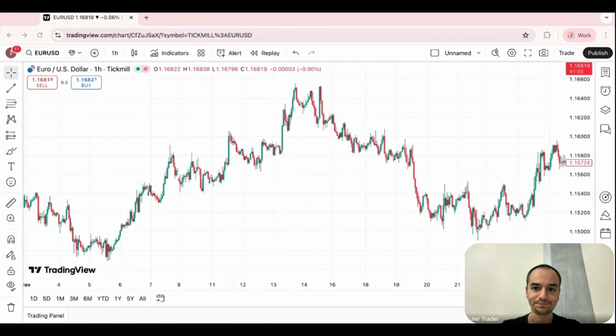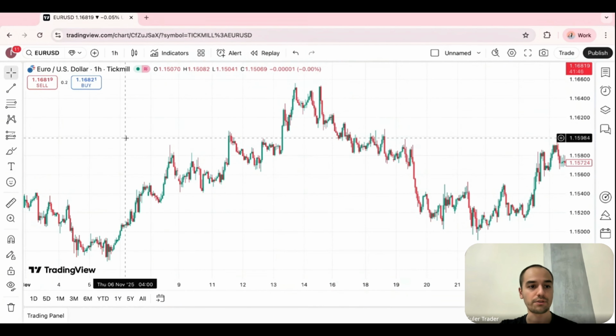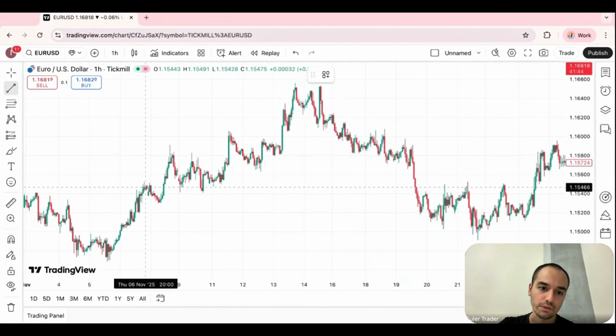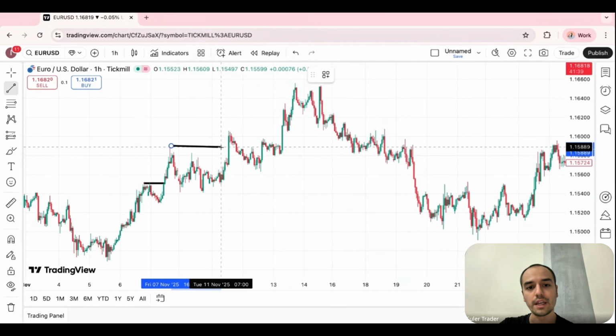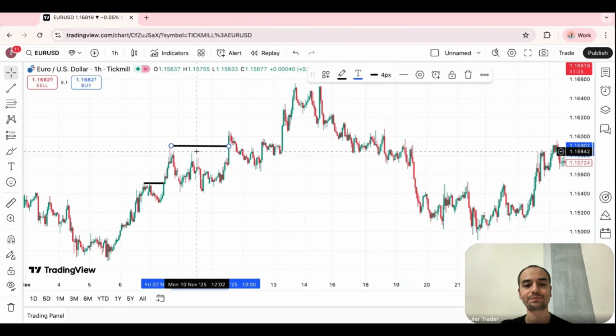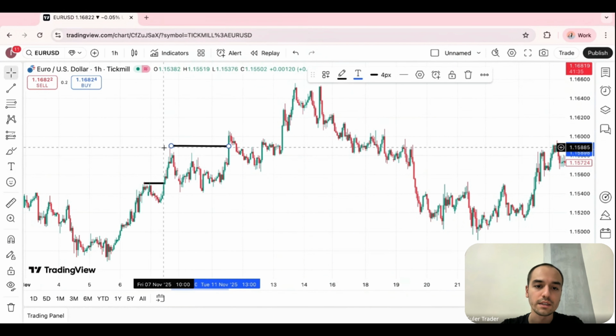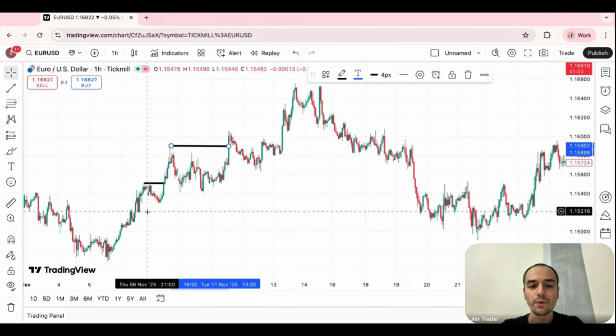What I want to emphasize here is that liquidity is basically acting like a fuel for the price. Every time we have the pattern flowing up, it repeats itself. As we can see here, the pattern is being formed, and this is happening because the liquidity is being swept every time.